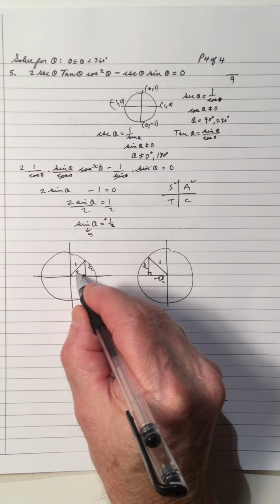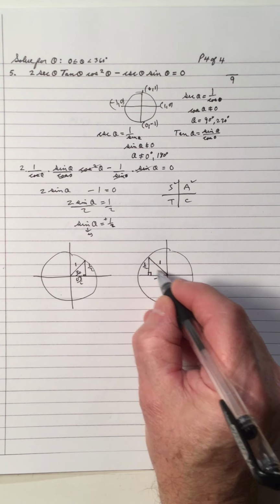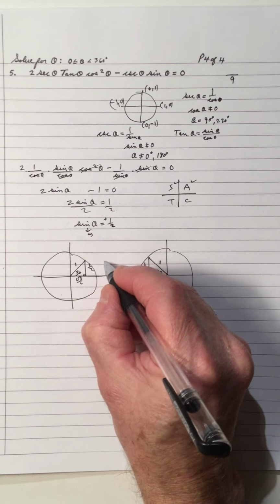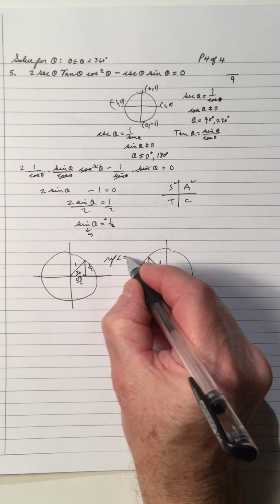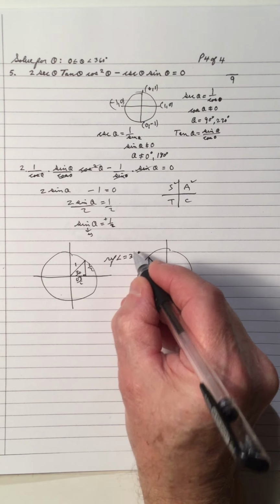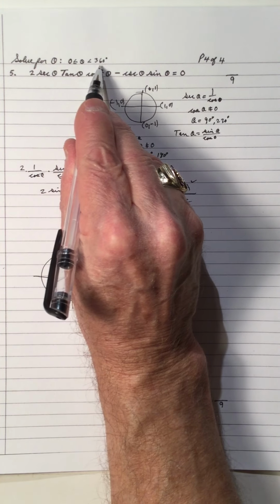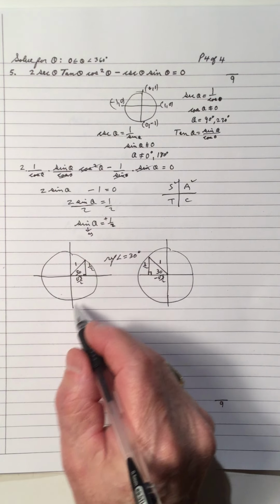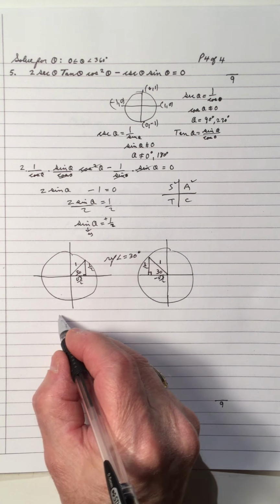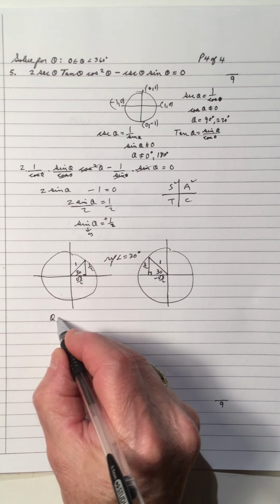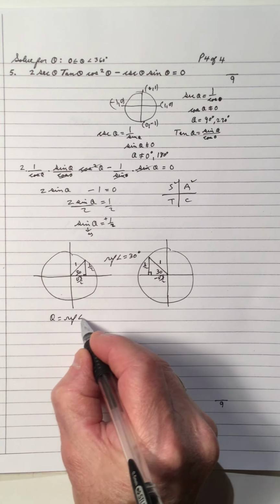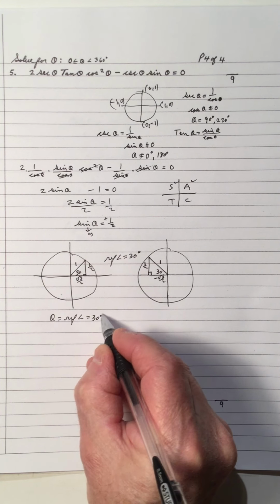Opposite of a half is 30. So the reference angle is 30 degrees. Notice we're working in degrees up to 360. In the first quadrant, theta is the reference angle, which is 30 degrees.